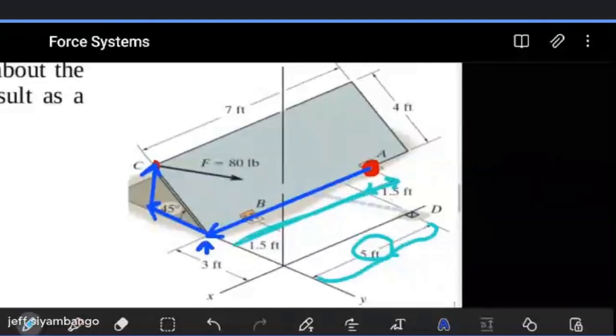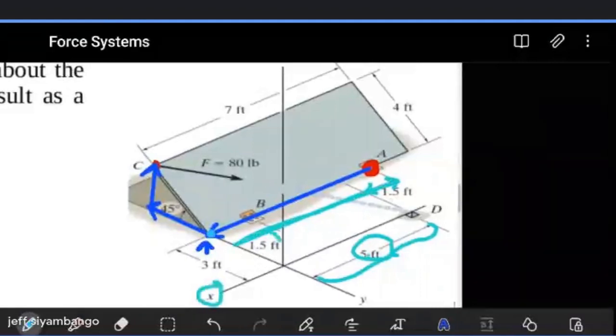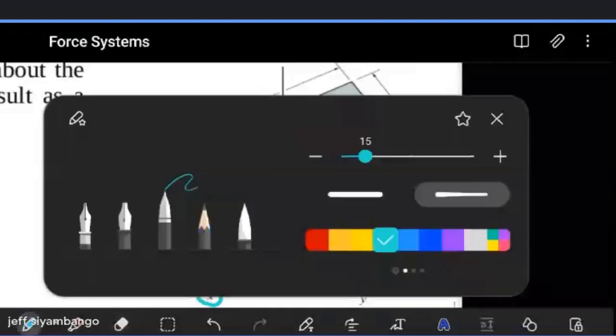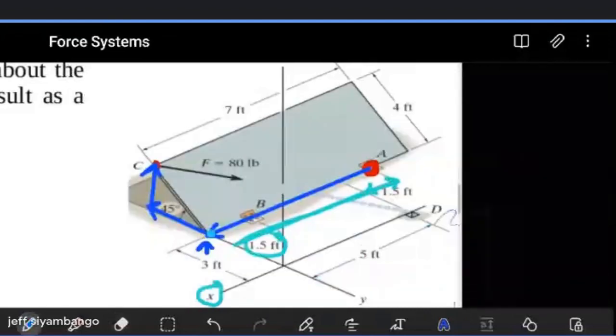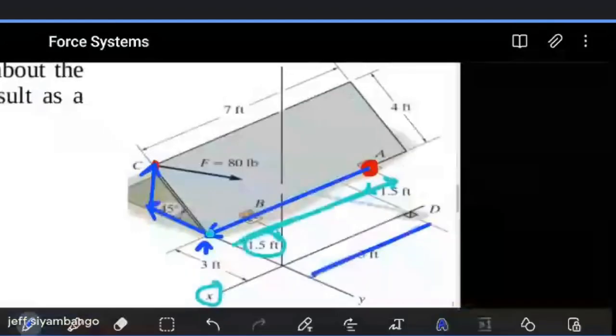And in what axis is this? If you look at this part, this is in the x-axis. So in the x-axis, you have to cover 1.5 plus the 5 feet for you to reach this edge that is right here. Don't get confused by the 1.5 which is here, because clearly from this edge, it shows that even that extra 1.5 is actually covered within this 5 feet.